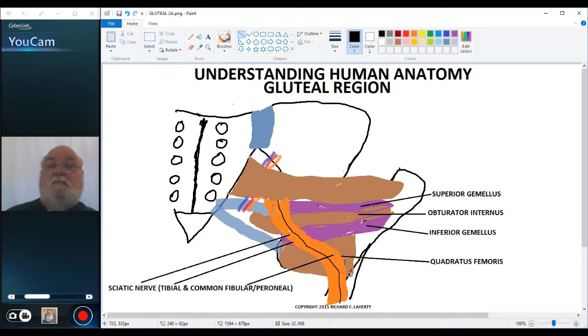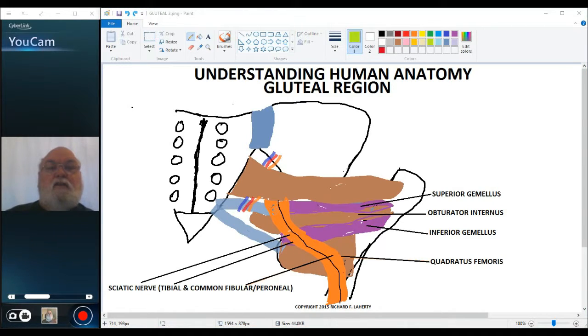And it does aim out here to avoid accidentally putting the needle into the sciatic nerve, which would be extremely painful for the patient.